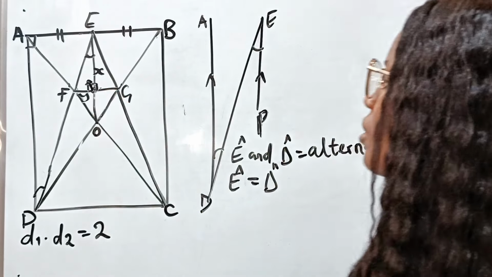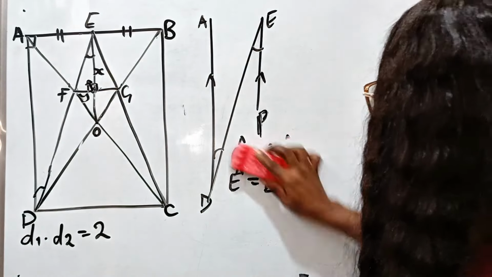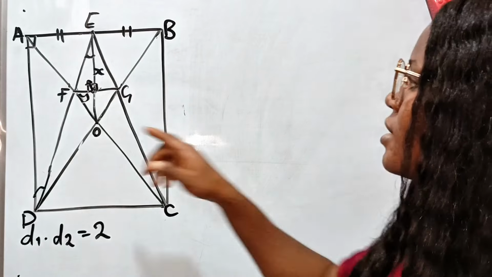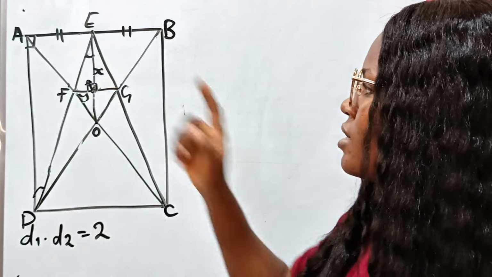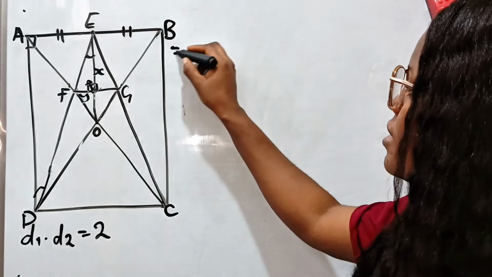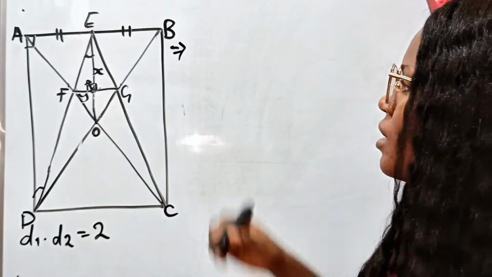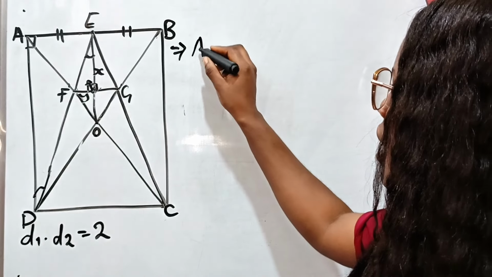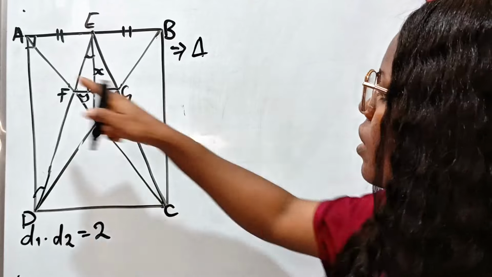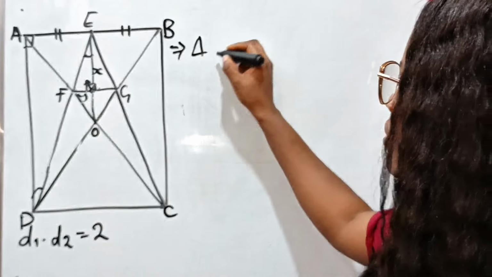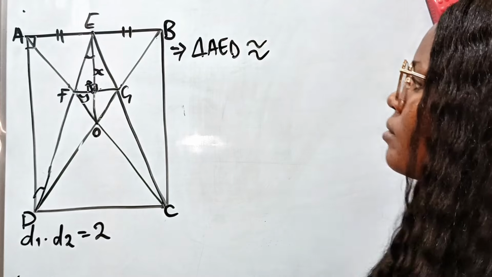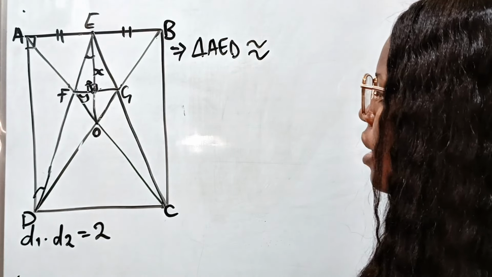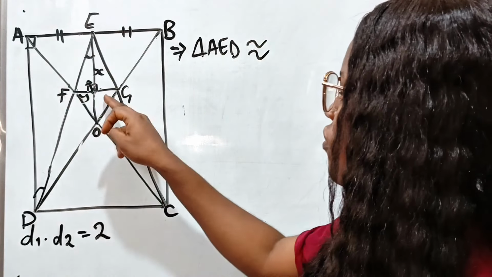Since this angle is equal to this angle, and this is a right angle and this is a right angle, this implies that triangle AED is similar to triangle EFP.